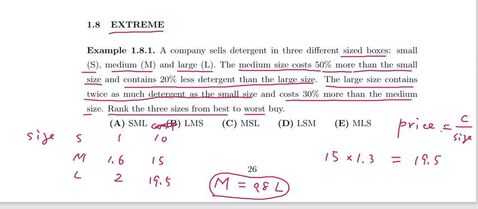Then we can find the price. So the price for them: this one we can say just 10, this one 15 over 1.6, and this one costs 19.5 over 2.